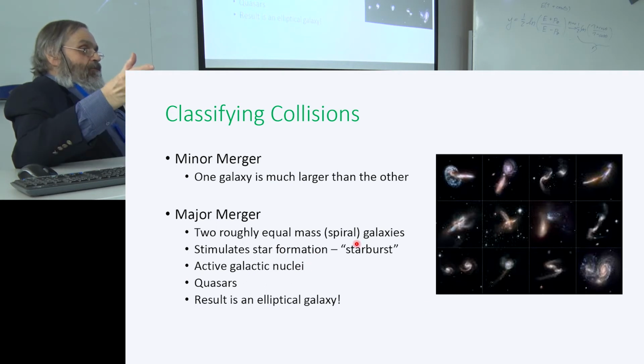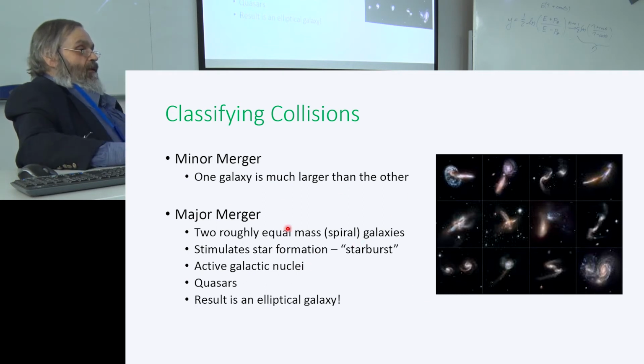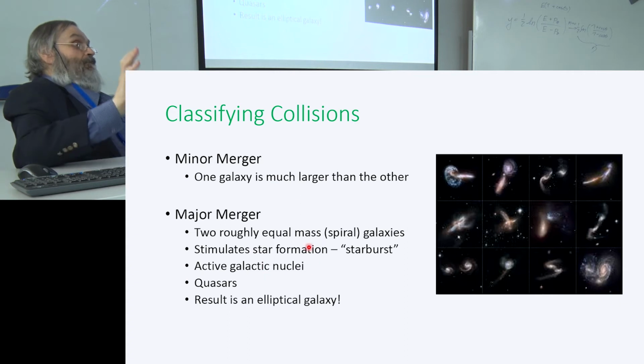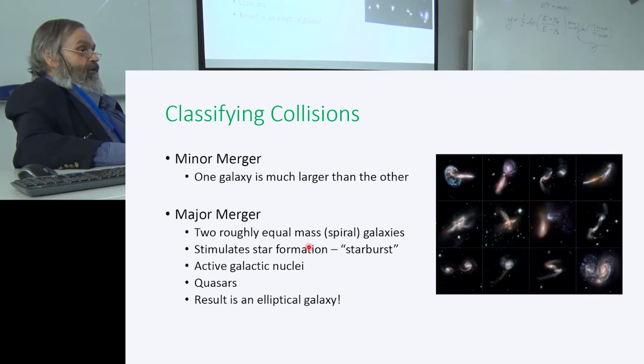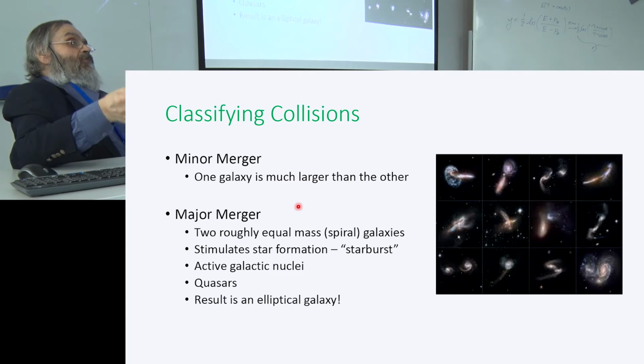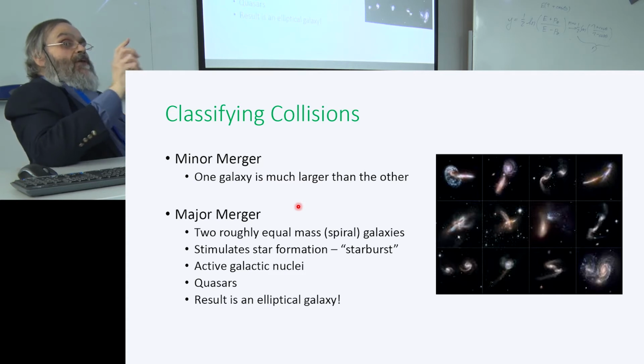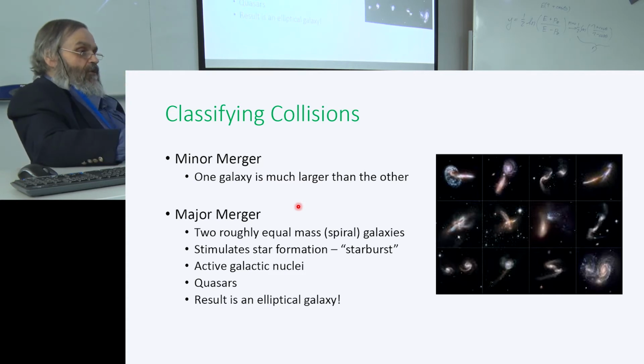This gravitational perturbation can cause a dramatic burst of star formation, also active galactic nuclei and quasars, and can produce an elliptical galaxy.